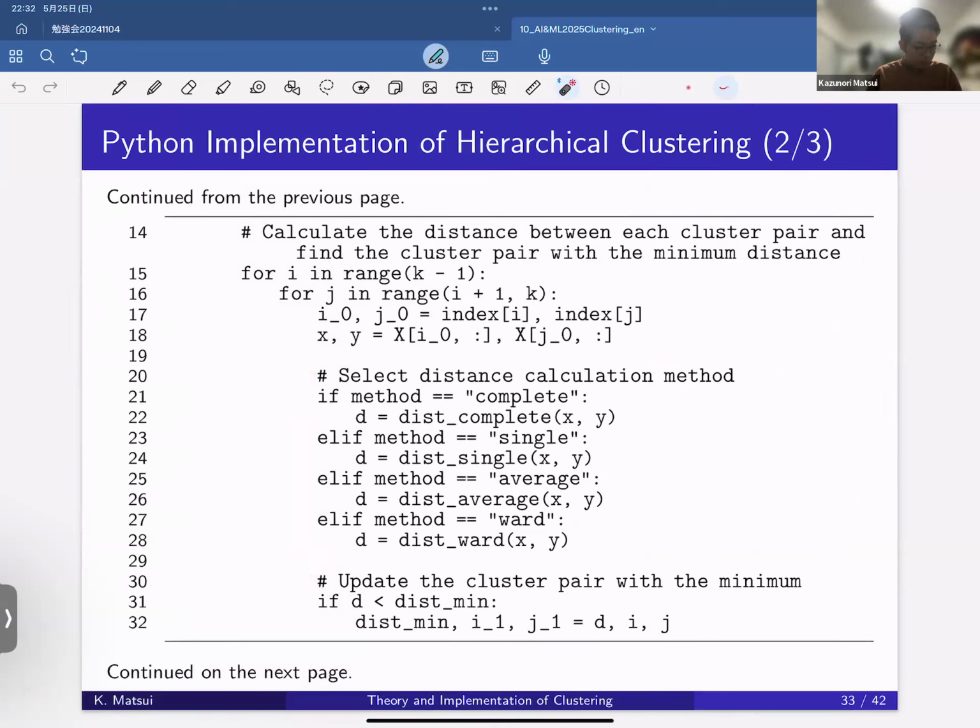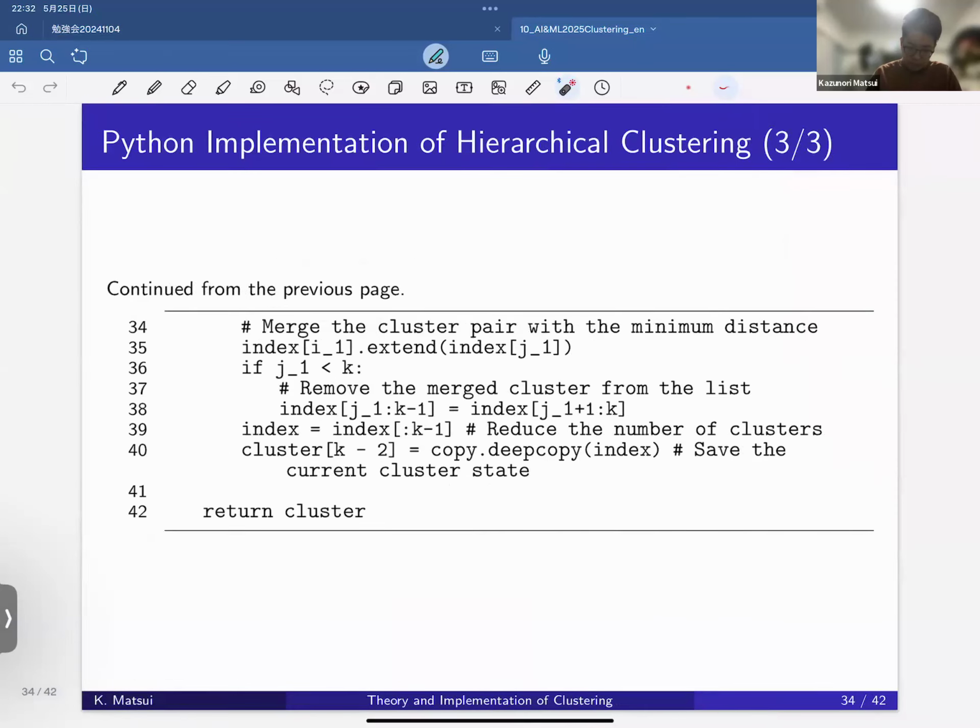Similar to the method of finding the minimum value, we search for the cluster pair with minimum distance. When the search is finished, we merge the cluster pair with minimum distance. We repeat clustering like this.